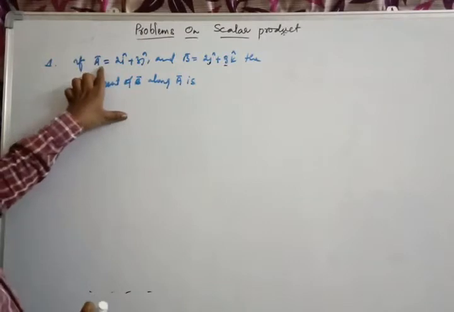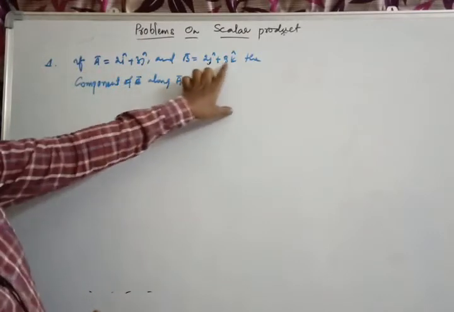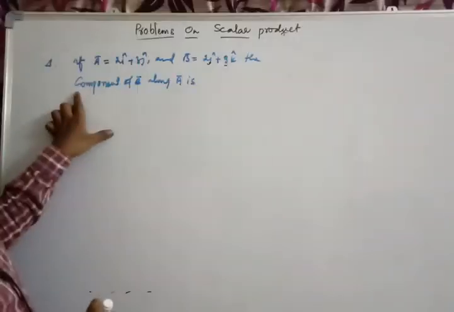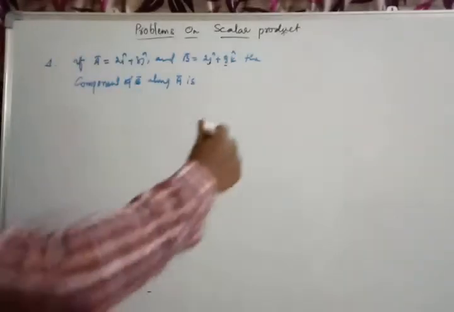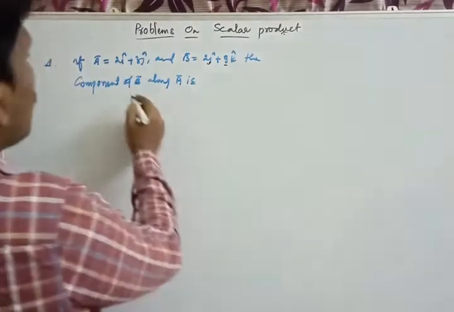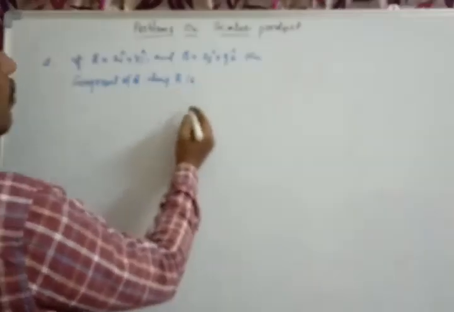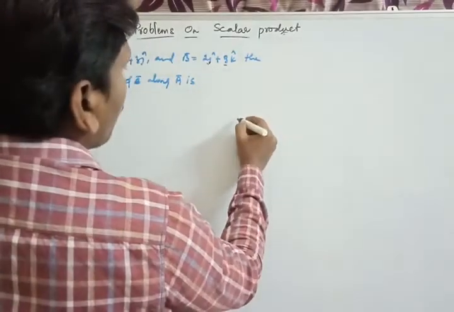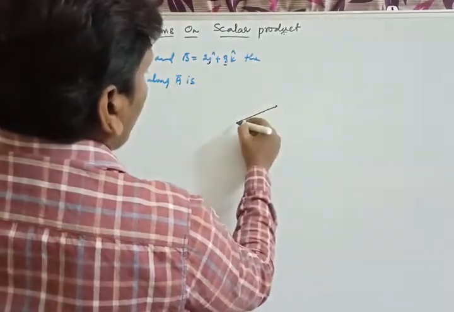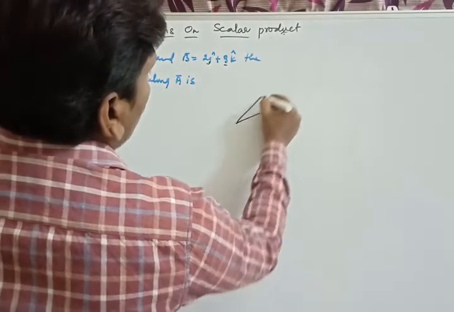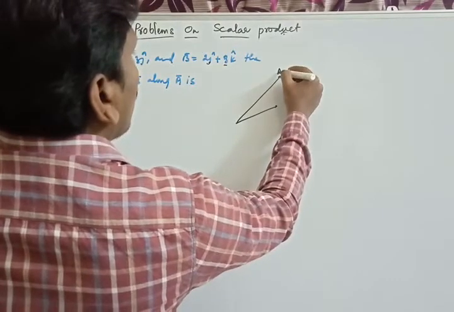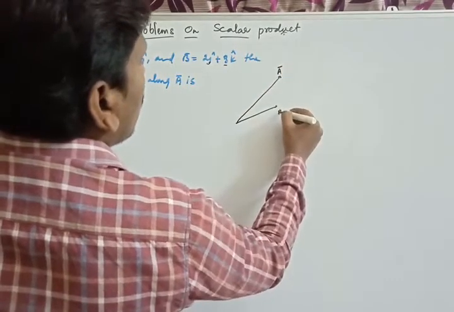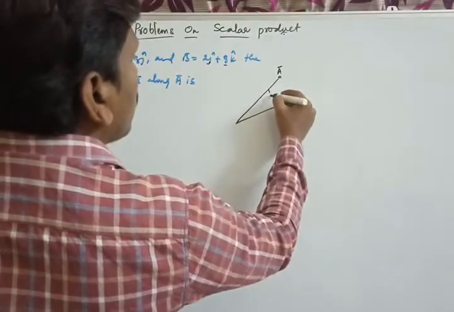If A bar vector and B bar vector are given, then we have to find the component of B bar along A bar vector. How can we say the component of B bar vector along A bar vector? Let us consider this is A bar vector and this is B bar vector.